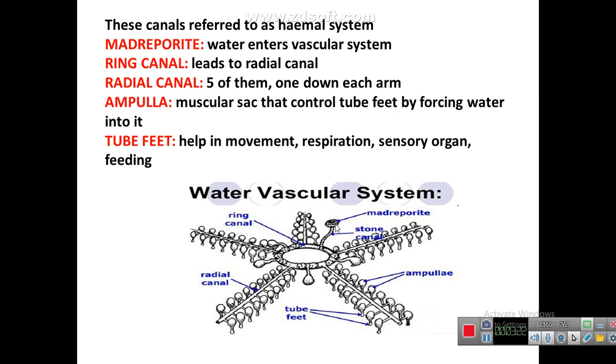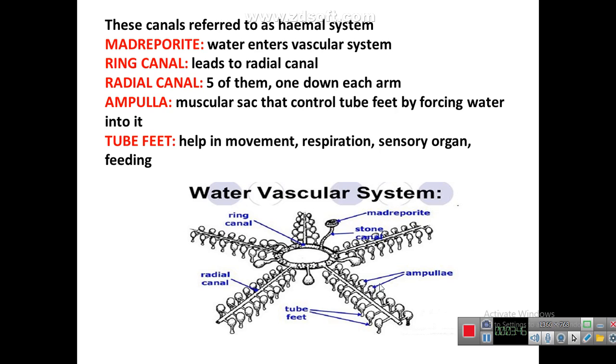Now the parts of the water vascular system or hemal system: this is the madreporite, with the help of which water enters inside the body or the vascular system. From the madreporite, water moves to the stone canal. From the stone canal, water enters into the ring canal. From the ring canal, water moves into the radial canals, and from the radial canals, water moves to the tube feet.